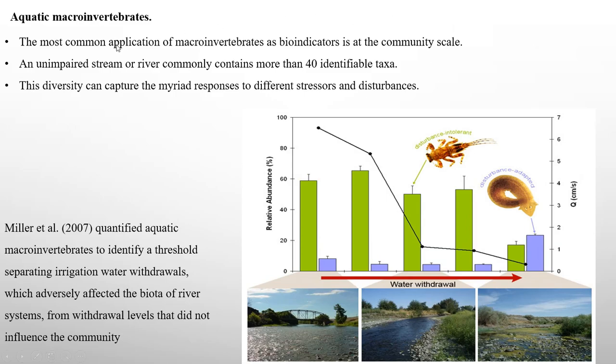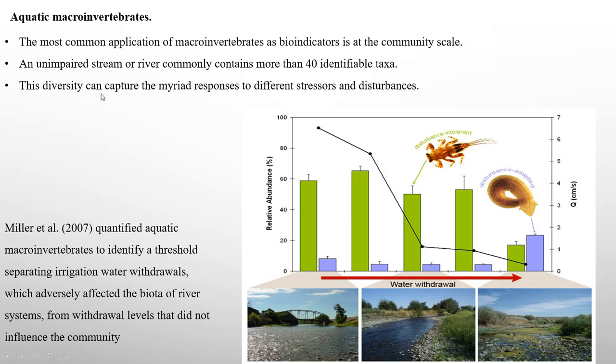Finally, the aquatic microinvertebrates can also be used as bioindicators to assess the health of an aquatic environment. Aquatic microinvertebrates possess many of the hallmark traits of good bioindicators. The most common application of microinvertebrates as bioindicators is at the community scale.